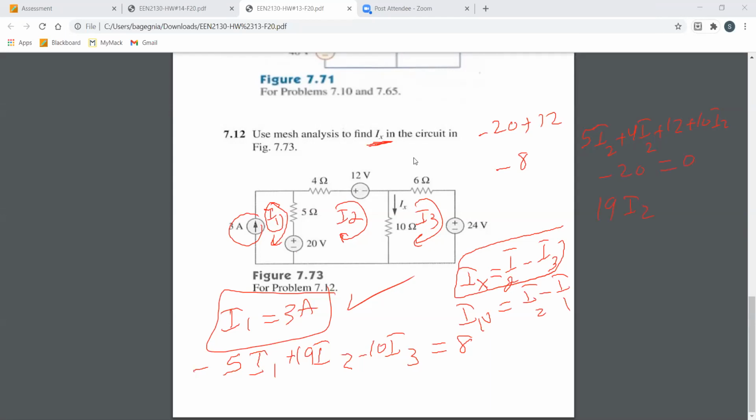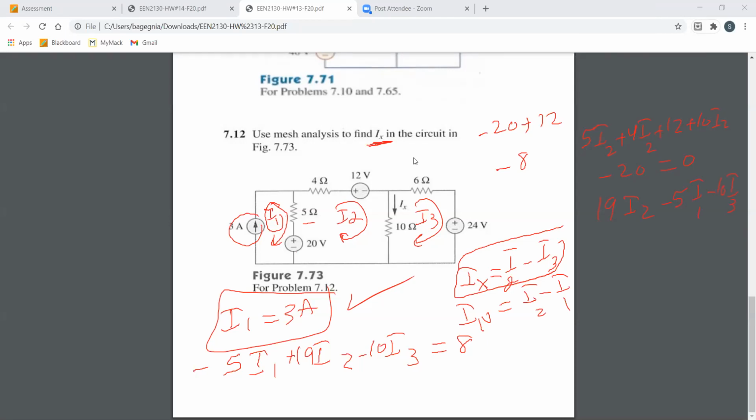And now we need to see the contribution. So the neighboring contribution of I1 will be negative 5I1. I should put it over there anyway. And then the negative contribution of loop number 3 to loop number 2 by 10I3.